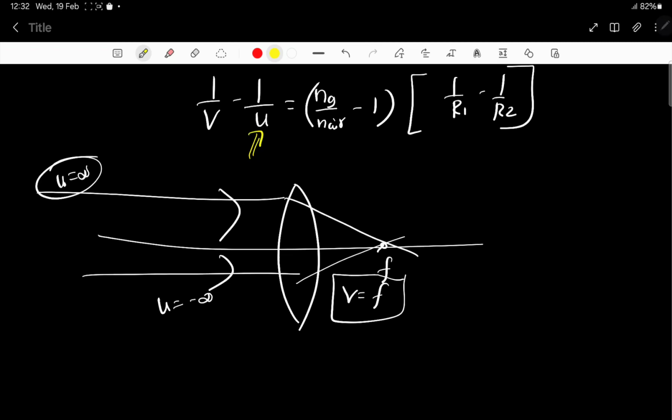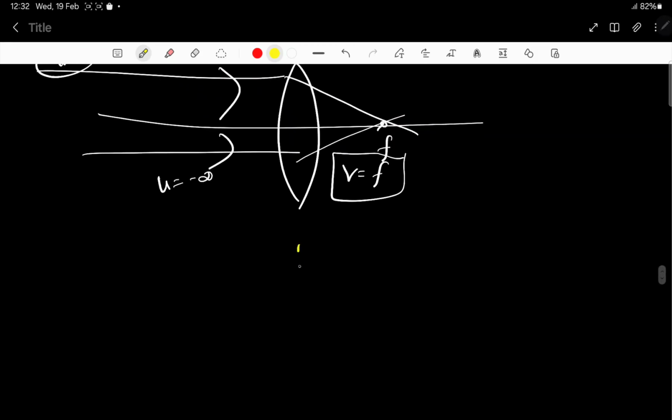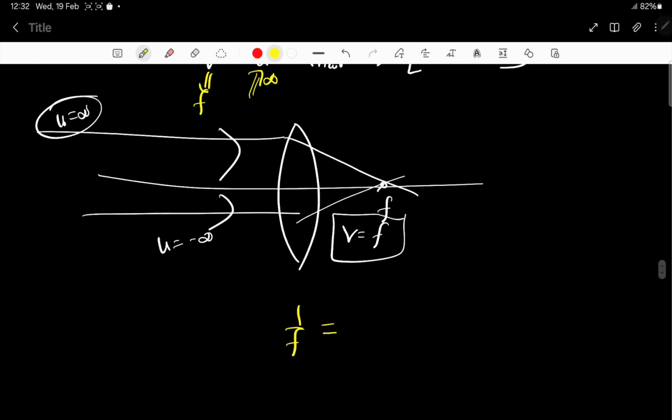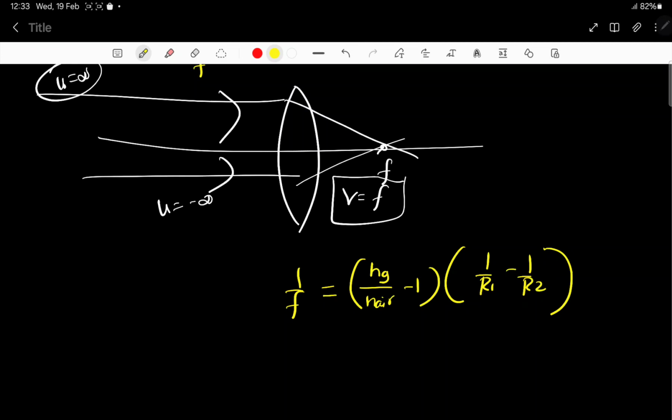If I substitute that, I will be having 1 by f minus 1 by infinity, which is 0, so we do not have to consider that. So 1 by f equals ng by nr minus 1 into 1 by r1 minus 1 by r2. So here we got the Lensmaker equation.